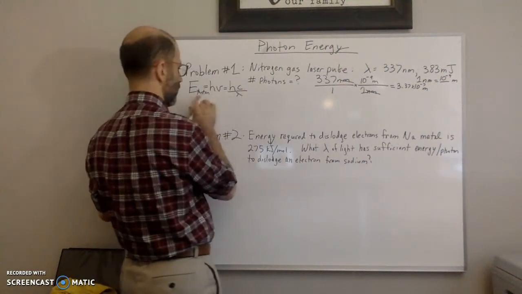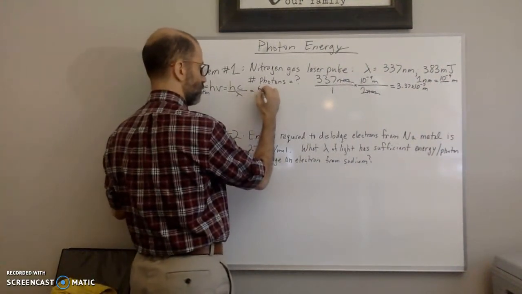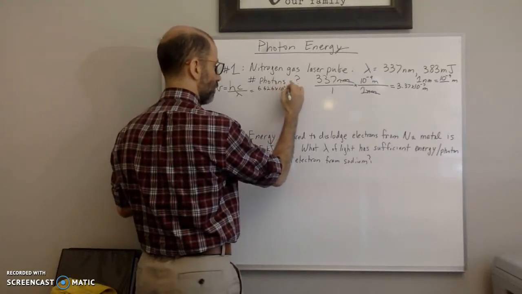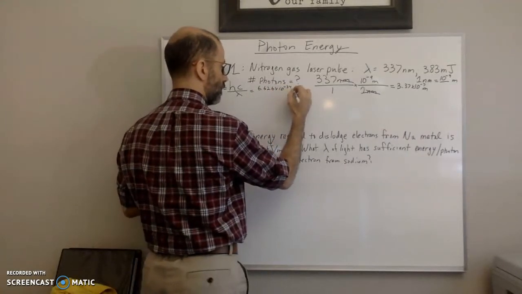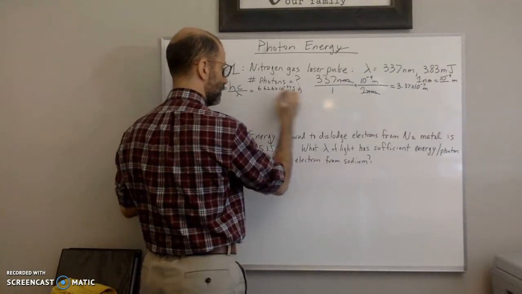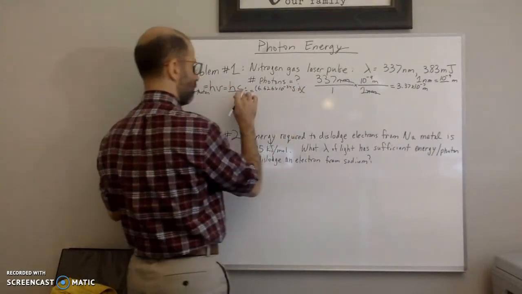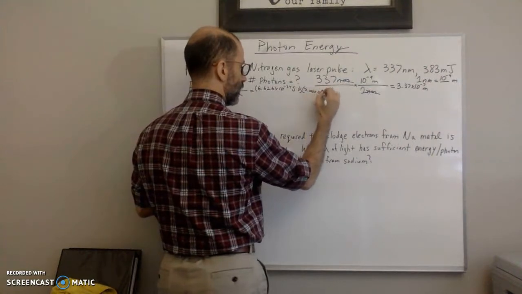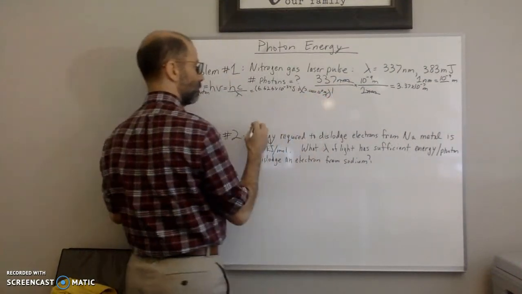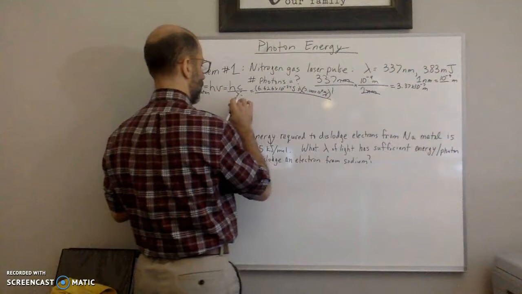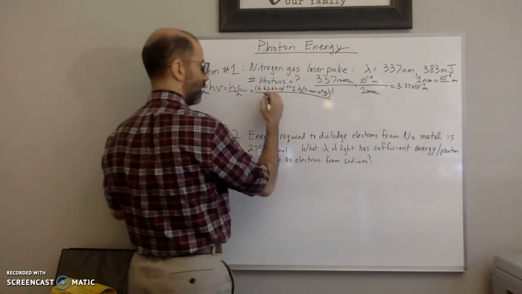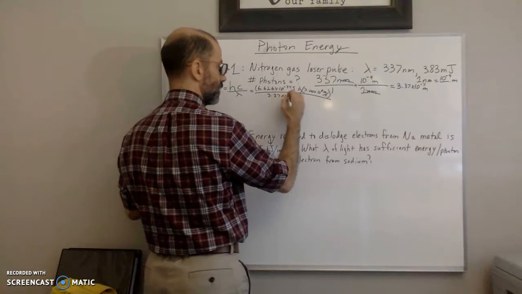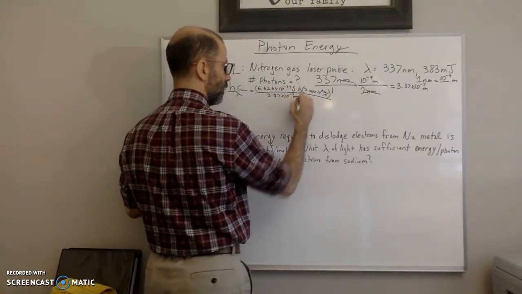Now I just plug everything into this equation. So I have 6.626 times 10 to the negative 34 joule seconds, multiplied by the speed of light, 3.00 times 10 to the 8 meters per second, and then divided by my wavelength, 3.37 times 10 to the negative 7 meters.